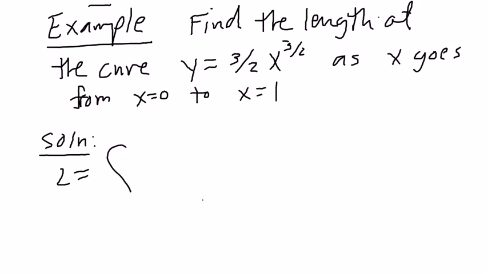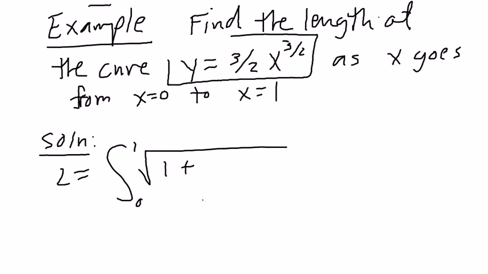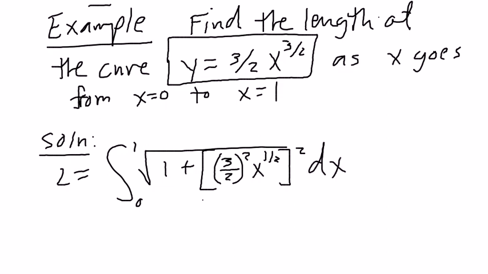L is equal to the integral from 0 to 1 of the square root of 1 plus, well, here this is f, so if I take the derivative there I get what? 3/2 squared x to the 1/2, okay, and then I got to square the derivative, which will get rid of that square root, which is nice, and then I get dx.